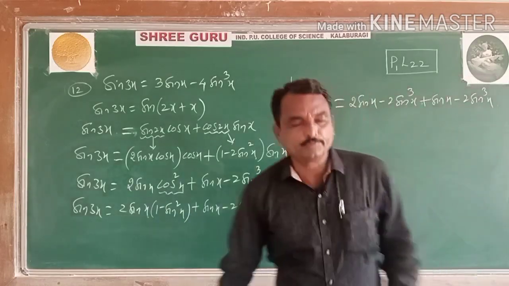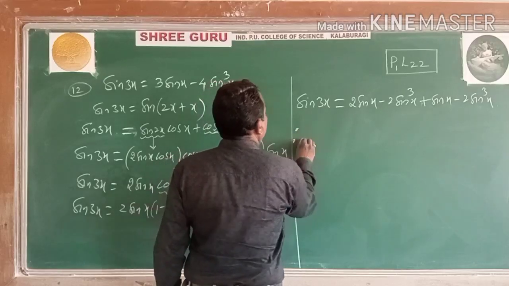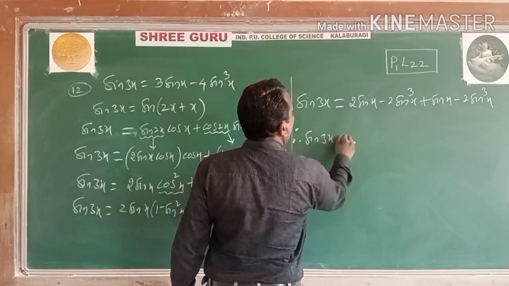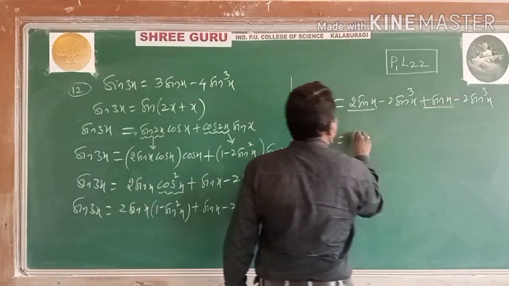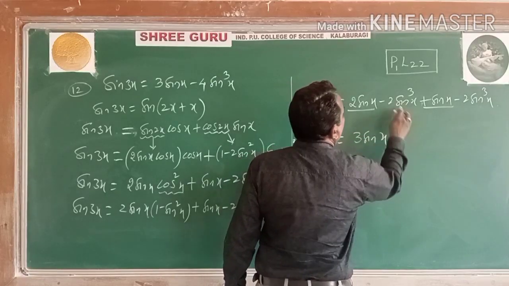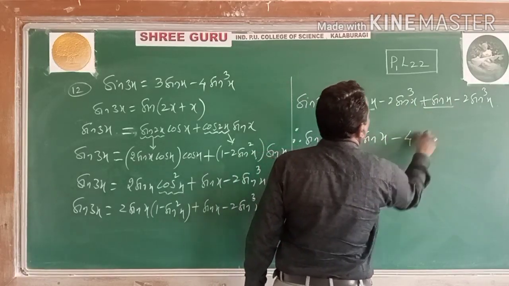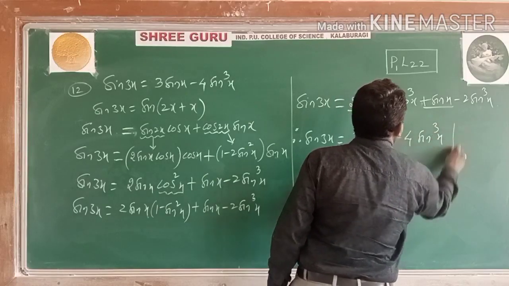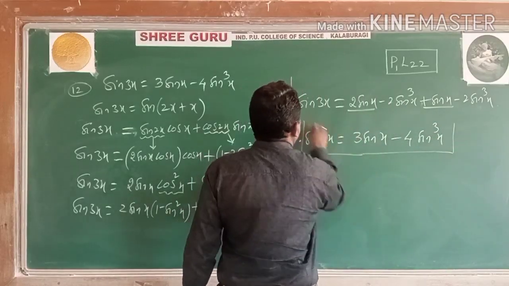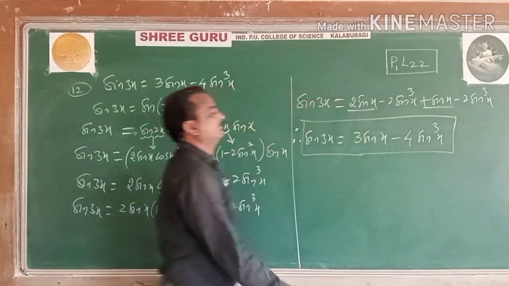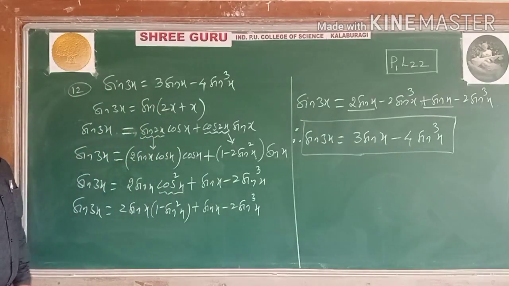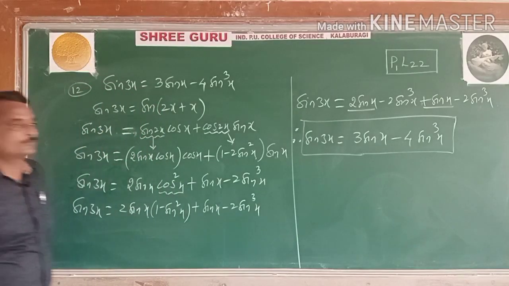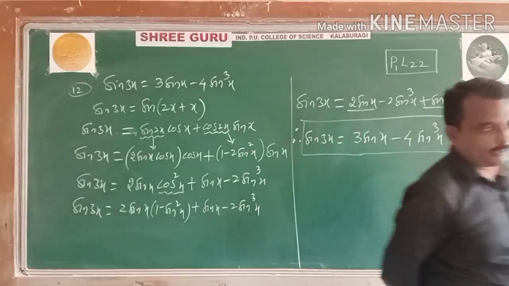See what it becomes finally. So sin 3x is equal to 2 sin x plus sin x, 3 sin x, minus 2 sin cube x minus 2 sin cube x, minus 4 sin cube x. So this is what? The sin 3x formula, students. This is sin 3x.